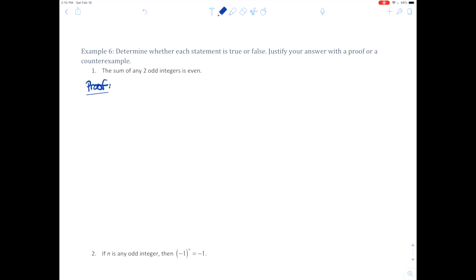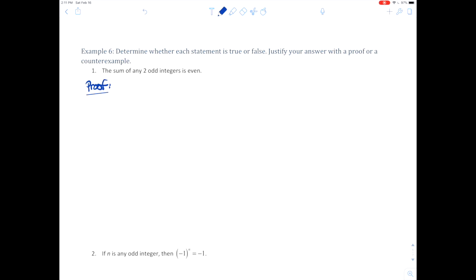We talked about what odd looks like in math, right? Now, this one doesn't say 2 distinct odd integers, right? And so, they could be the same, right? But we're going to kind of set this up as if it's different. And from the way I'm talking, you can probably see that I think this is true.